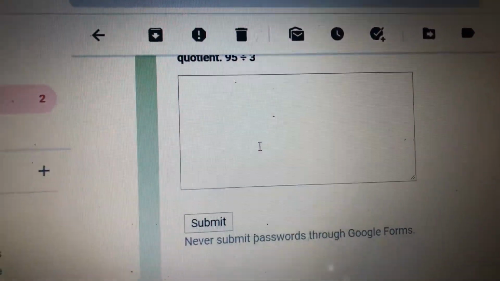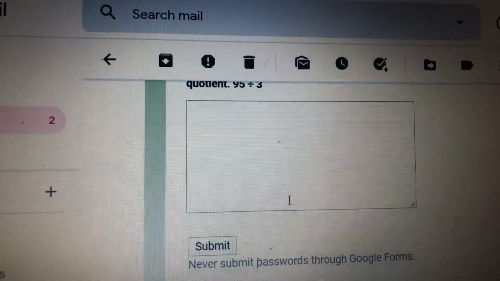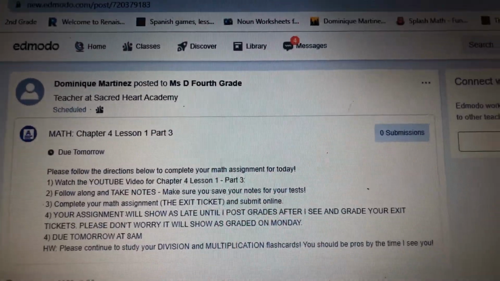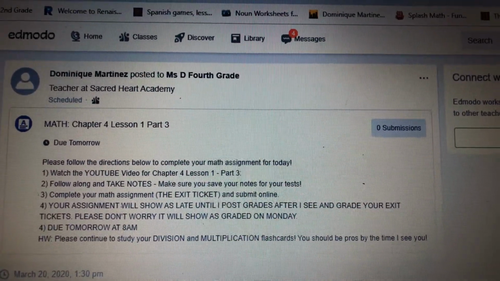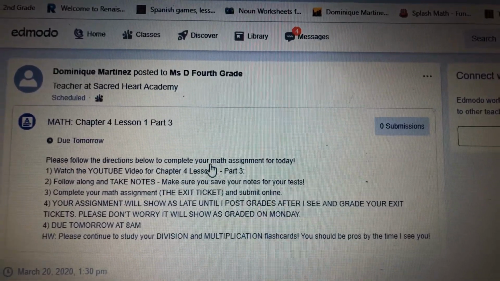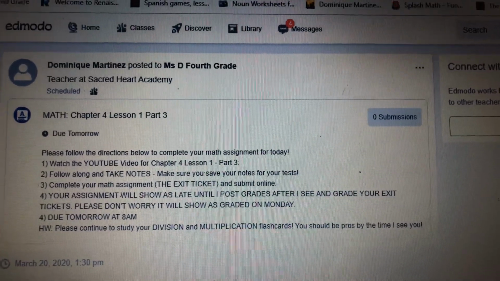So that's all you need to do is submit your exit ticket to me. I will grade it on Google Docs, and I will put it back into Edmodo so you can see what you got. So don't worry about your assignment posting as late or anything. It's going to show up like that. Just click on it, get through it, and then do the exit ticket, and you will be fine.